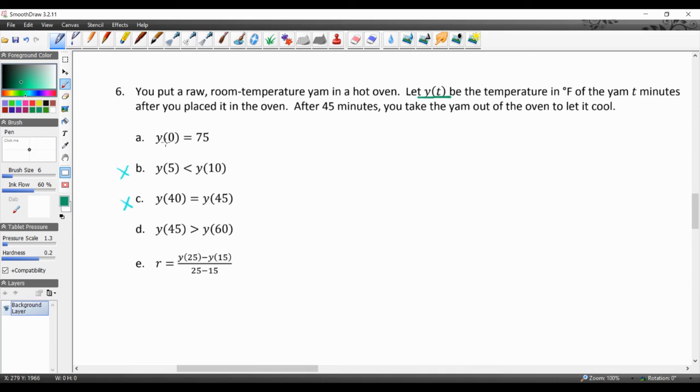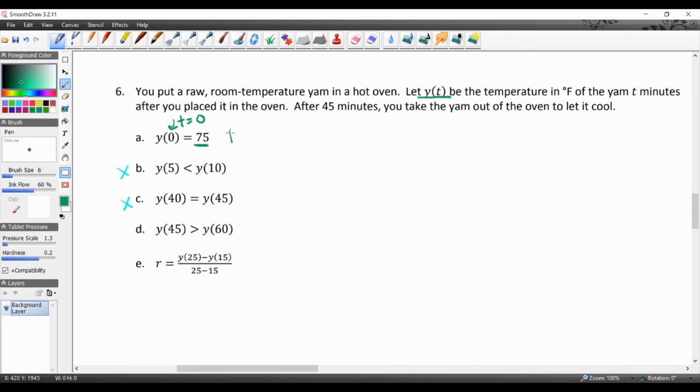Letter A says y of 0 is equal to 75. Remember that this right here is t, so t is equal to 0 here. That means when the time hasn't even started, the temperature is already at 75, kind of like our initial value, because that's what this is representing. So we can put something along those lines.